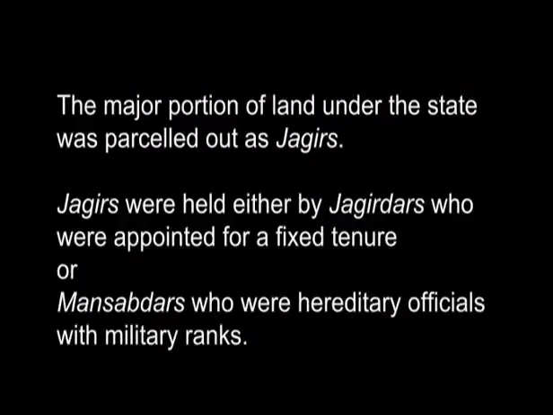The major portion of the land was parceled out as Jagirs, Jagir lands. These were parceled out among the Jagirdars, and some of them became Mansabdars also. Mansabdars were those owners of Jagirs who had military ranks. That is, a Mansabdar is always a Jagirdar, but not all Jagirdars were Mansabdars.